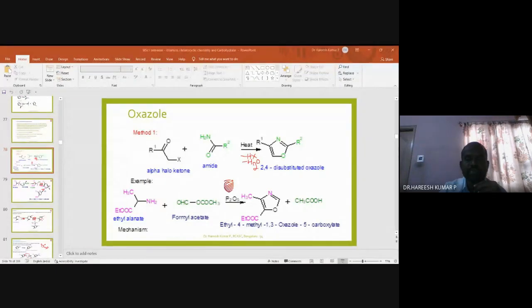What you can observe here is the removal of HX, that means hydrohalic acid. HX means hydrohalic acid.